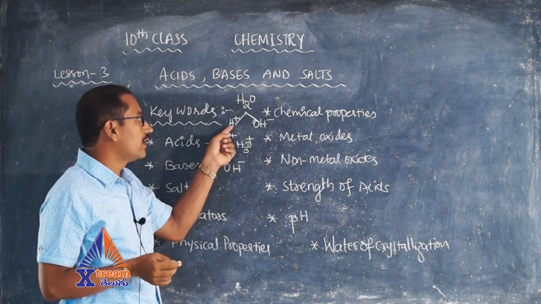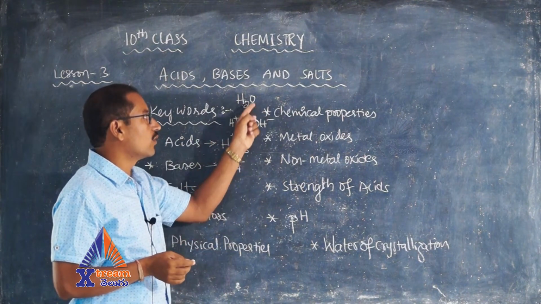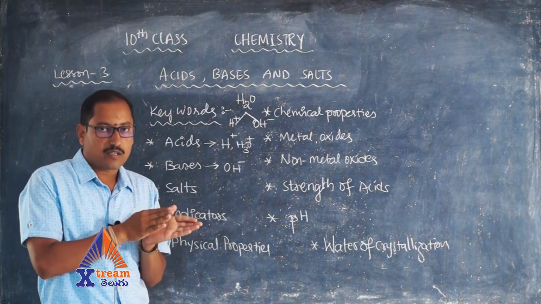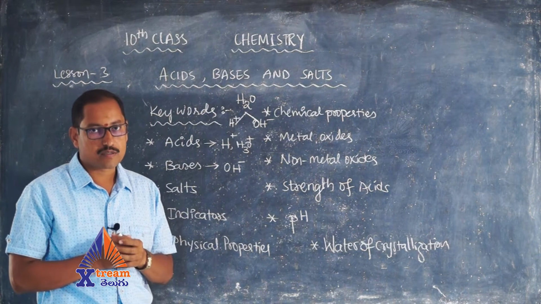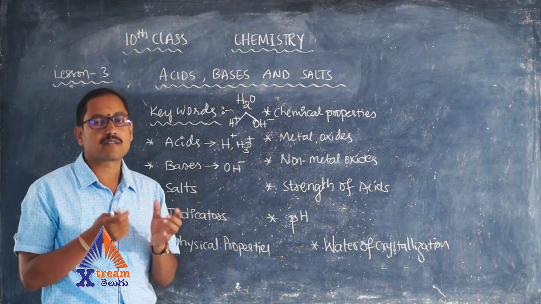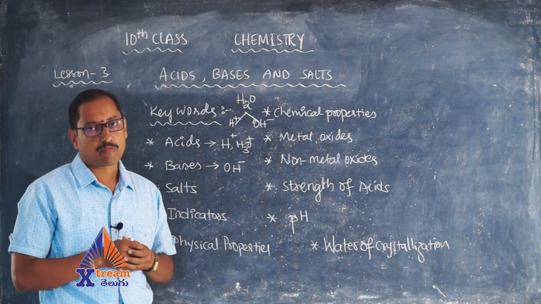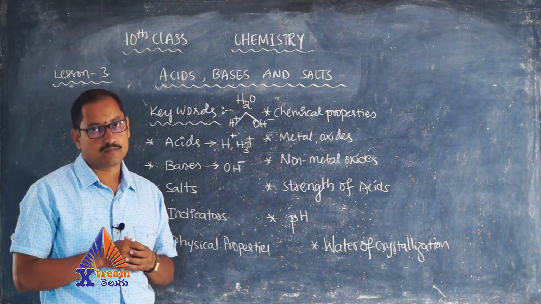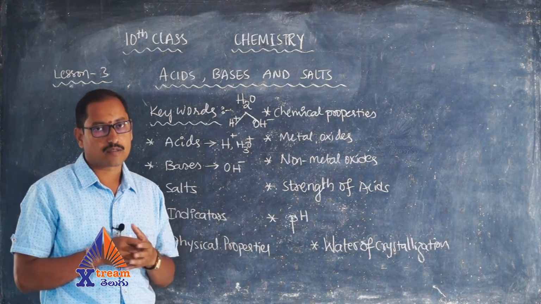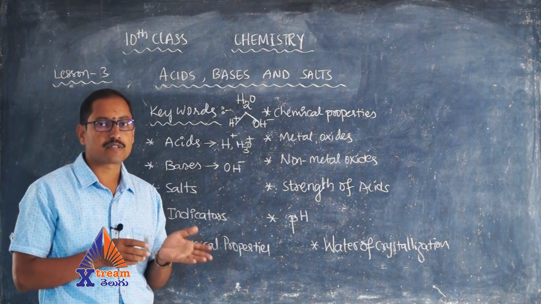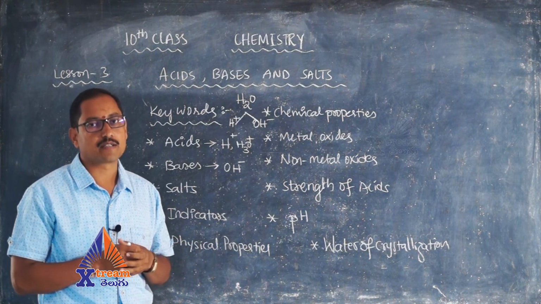H and H, 2 H's and 1 O. So, H+ ions and OH- ions are in fact basic ingredients of water molecule. Water molecule on ionization or electrolysis becomes H+ ions and OH- ions.